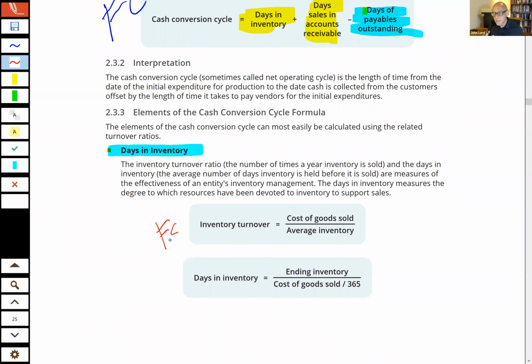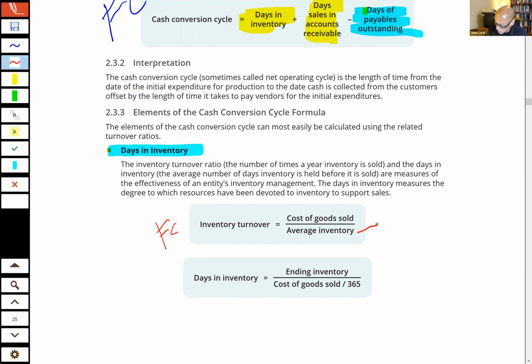That tells us, and we don't necessarily sell out of our inventory, but I'm going to say it tells us how many times in a year we would sell out of our inventory. Not that we'll ever do that, but how many times will we sell out of our inventory in a year? That is considered our inventory turnover.